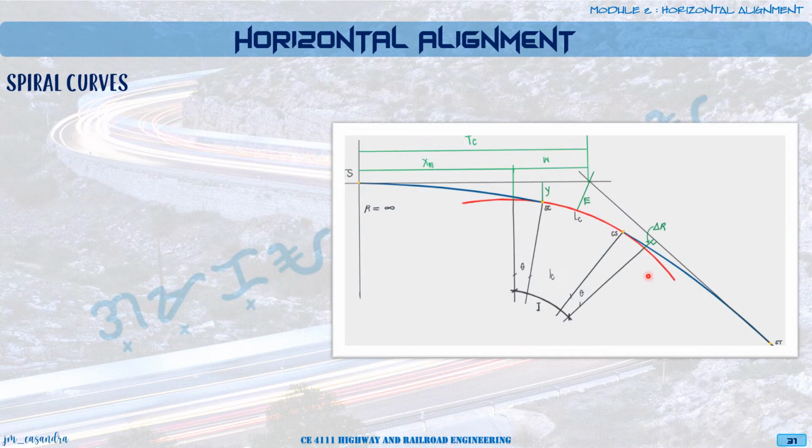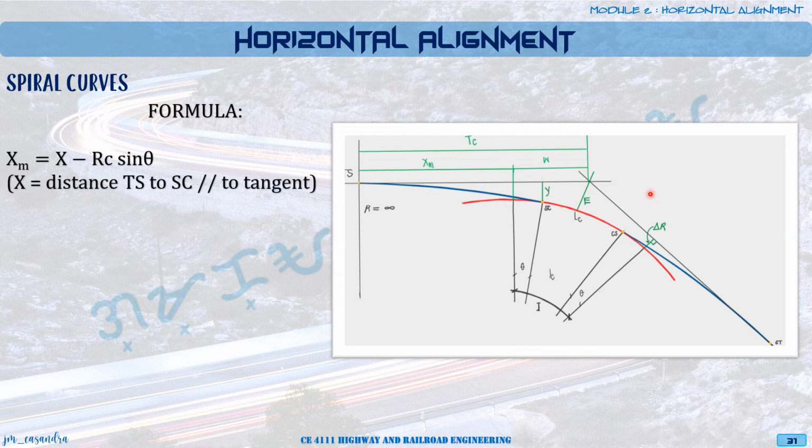So in solving our spiral curves, we need to know the following formulas. xm is equal to x minus rc sine of theta, wherein x is the distance between TS and SC, which is parallel to the tangent. Then delta r is computed as y plus rc cosine of theta c minus rc.